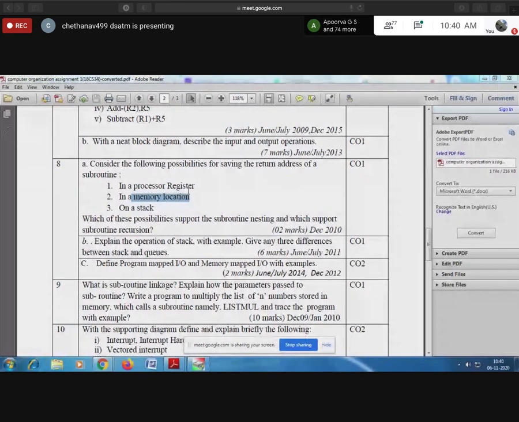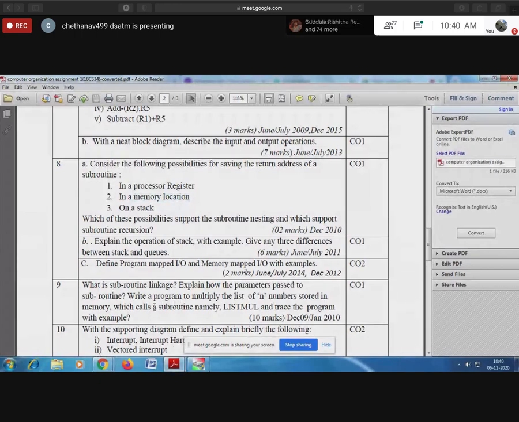That is why the stack will support both subroutine nesting and subroutine recursion. In front of memory location and register also you can write it. Registers will hold the data of local variables and global variables. Even memory location I can include.